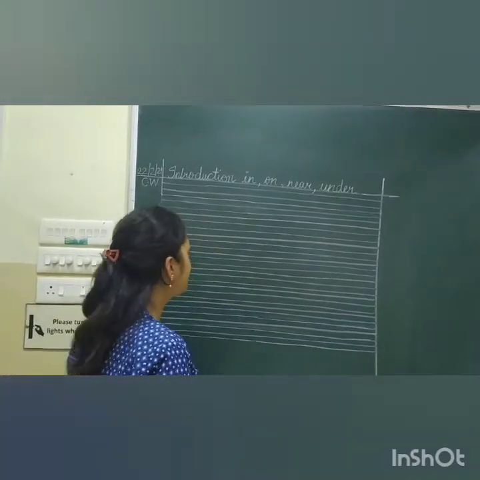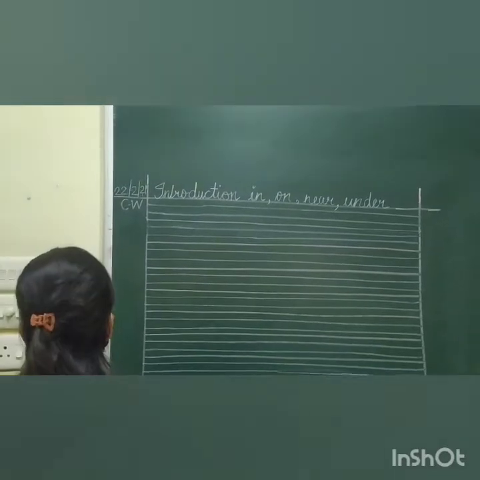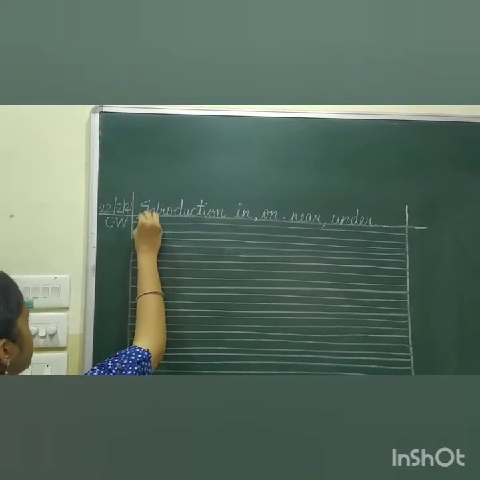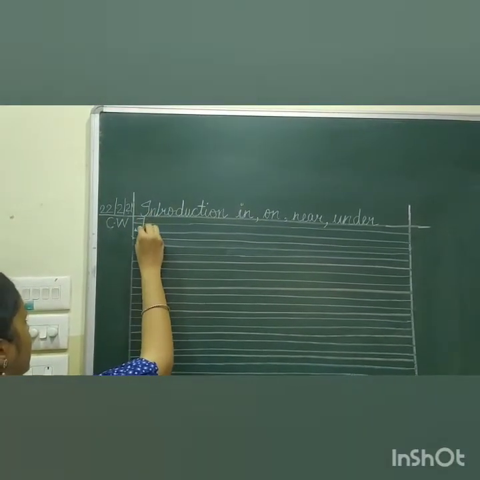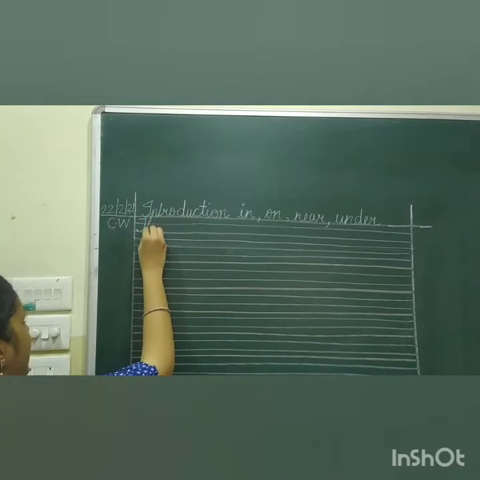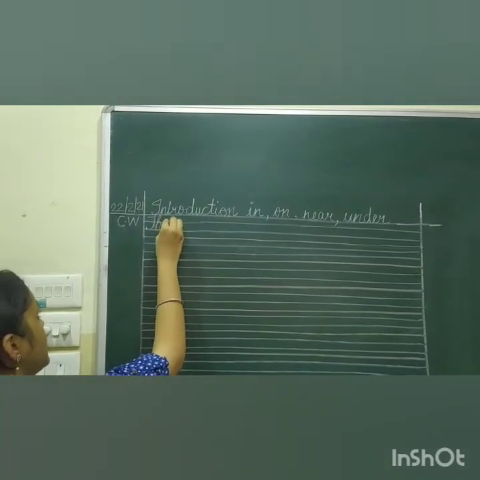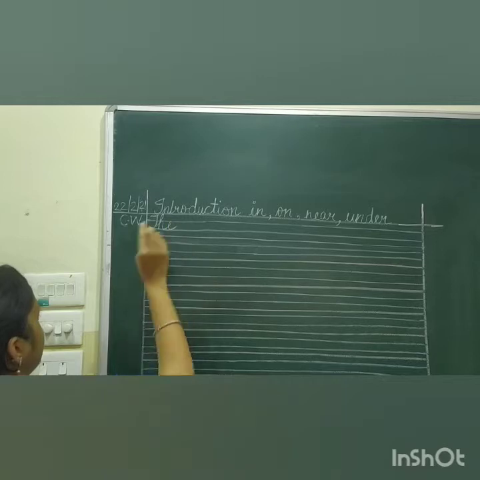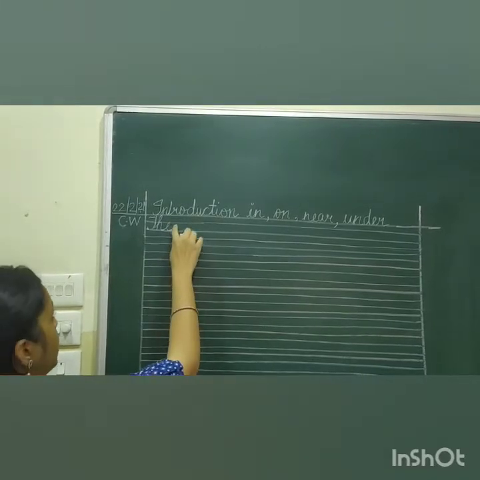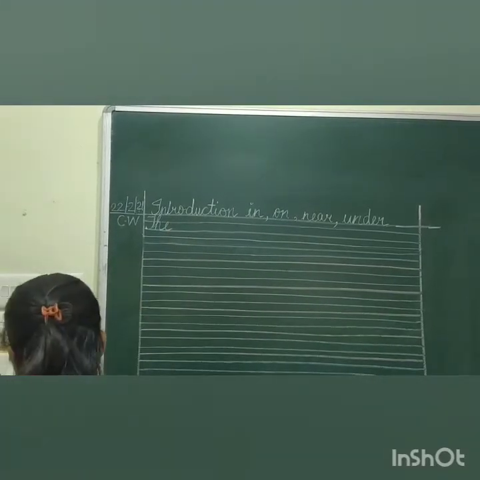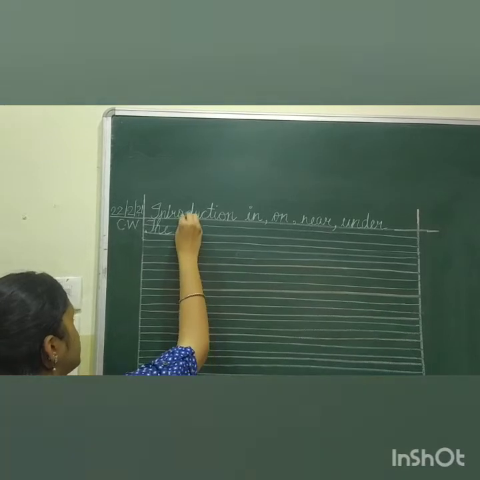So let's start. Now the first you are going to write is the cursive T-H-E. The, you are going to write it continuous. Okay, you're not going to break the words and write. Okay, the fish.